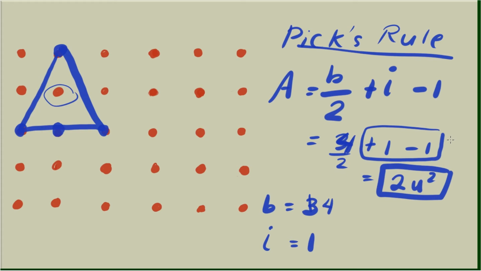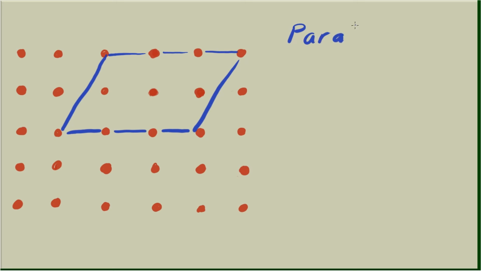Okay, so let's do another example. All right, let's say we have this parallelogram over here. Now, for a general parallelogram, the area formula in geometry is base times height.